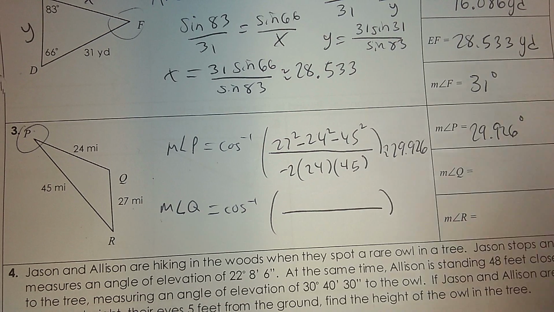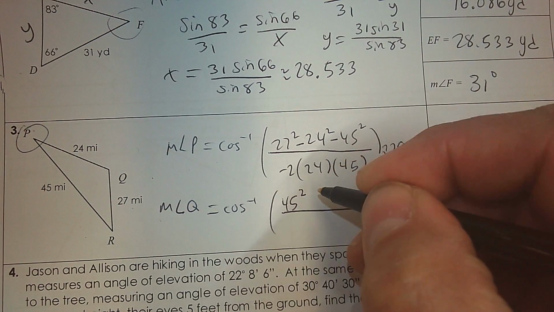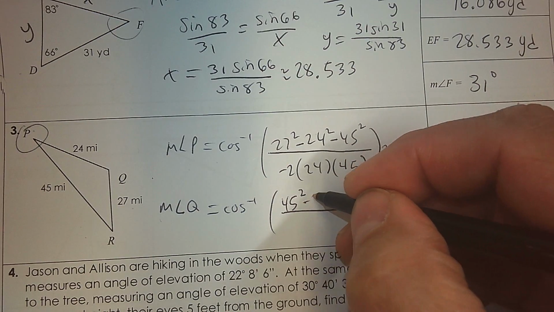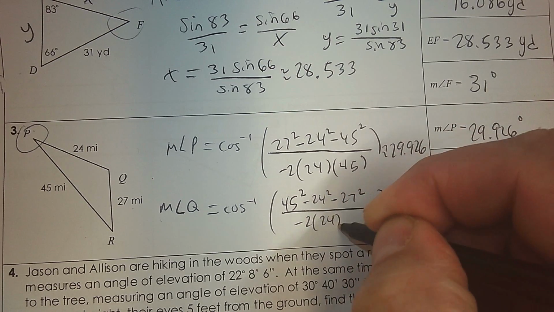So opposite of Q is 45. And then we have 24 and 27. Minus 2, 24 and 27.